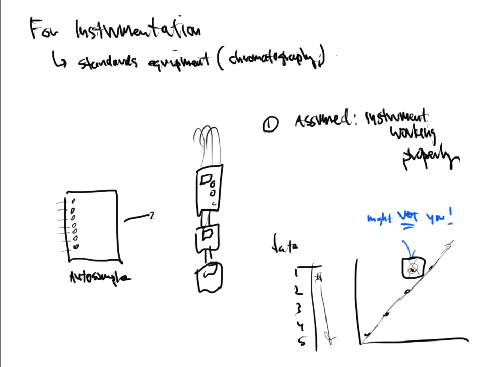So for the instrumentation, this is why it's used. The standards, every time we run a piece of equipment, especially in the chromatography world, because almost every single time these have auto samplers. And it's the auto sampler that I am checking here. That's really what we're doing.